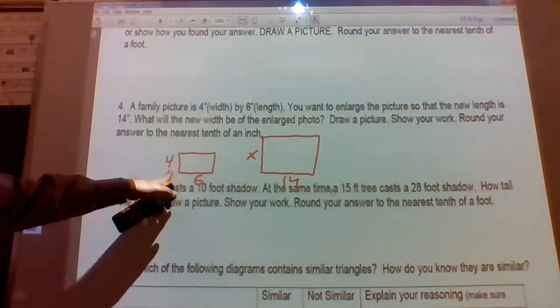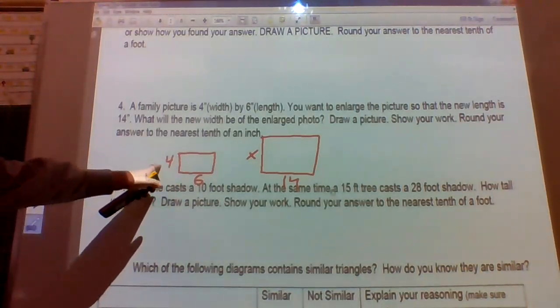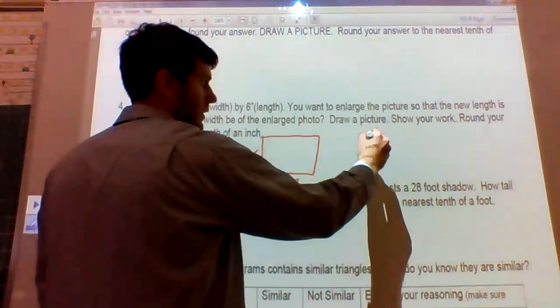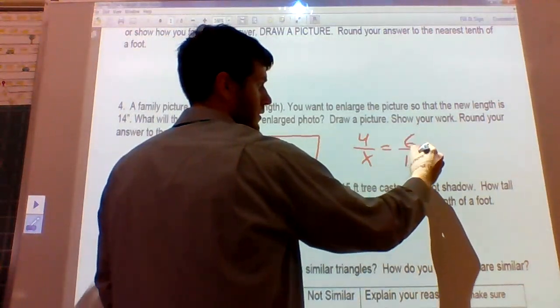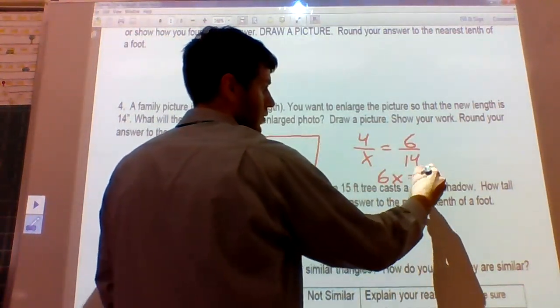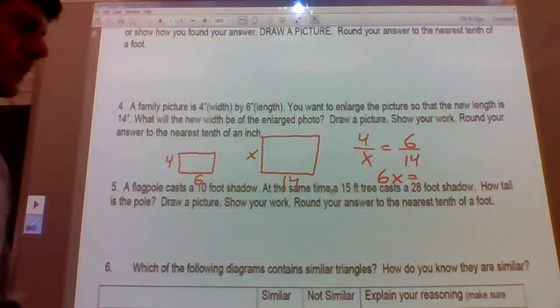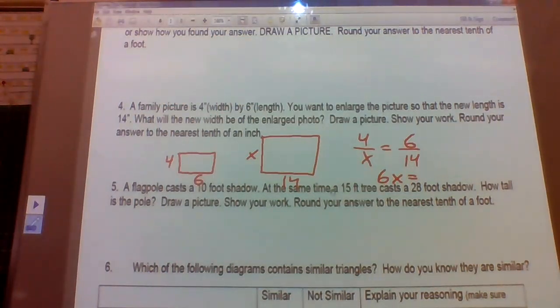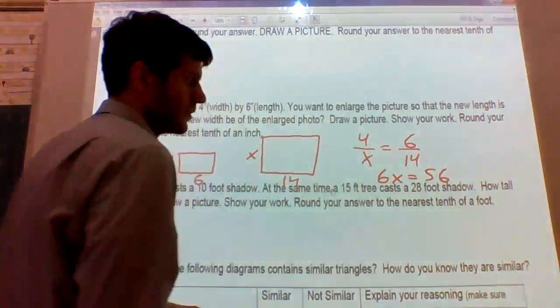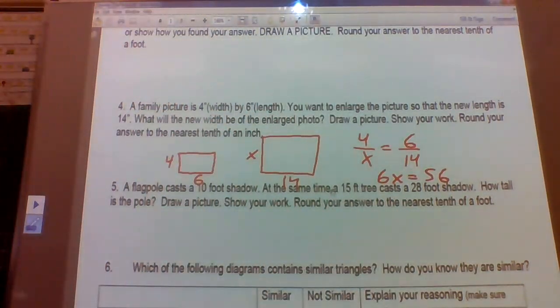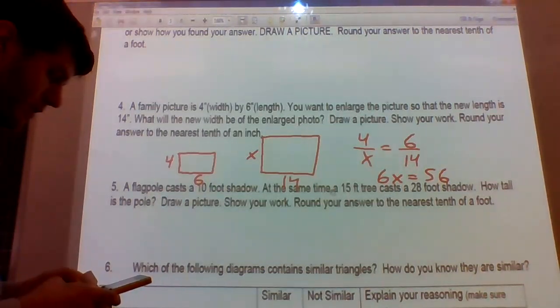So here's our two pictures. So 4 corresponds with x, so 4 over x equals 6 over 14. We cross multiply, that's 6x equals 4 times 14. So that's 28 times 2, which is 56. Okay, so we divide by 6 on both sides, and we'll get a decimal, round to the nearest tenth of an inch.